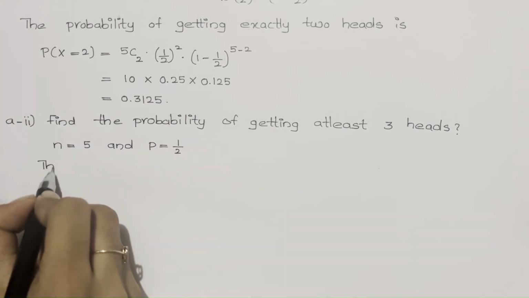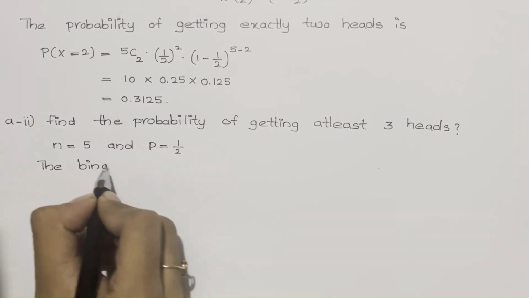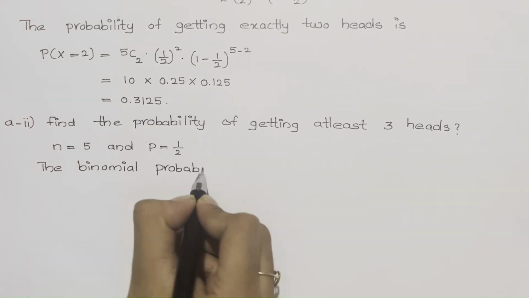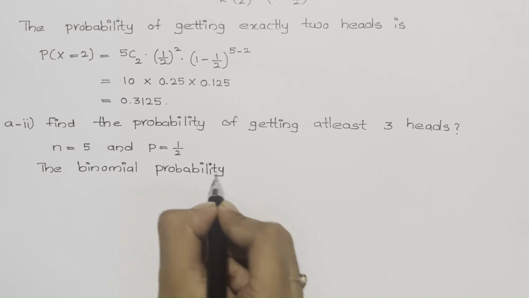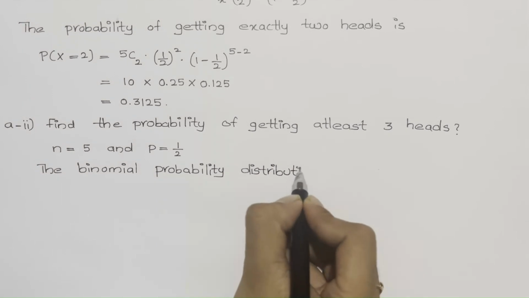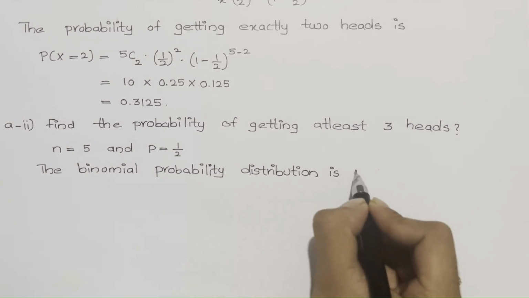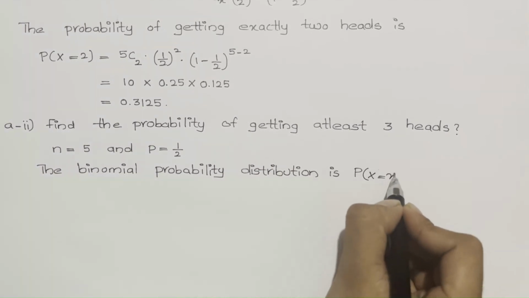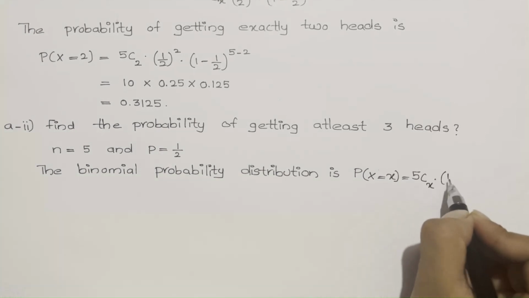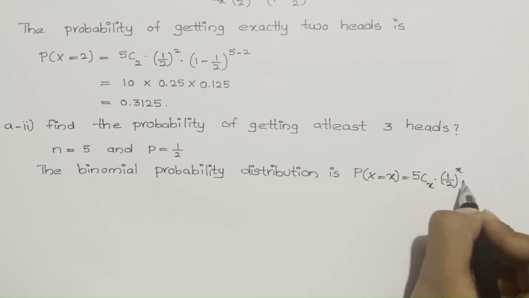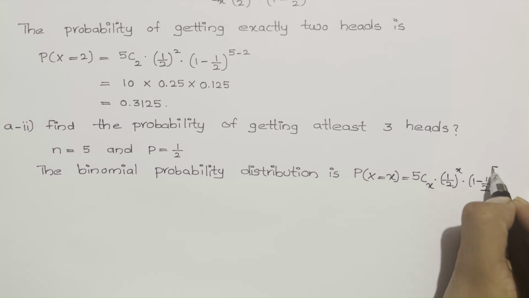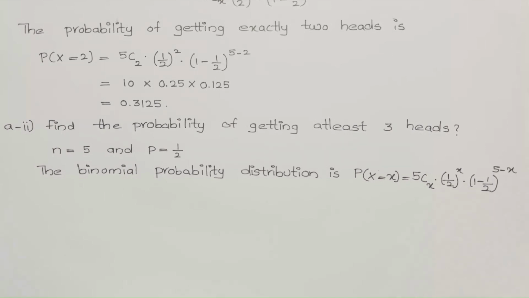Thus, the binomial probability distribution is P of X equal to 5Cx into (1 by 2) raised to x into (1 minus 1 by 2) raised to 5 minus x.